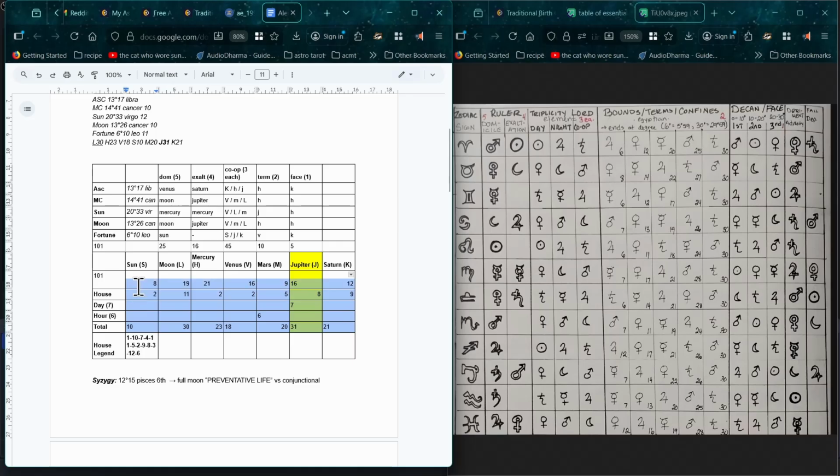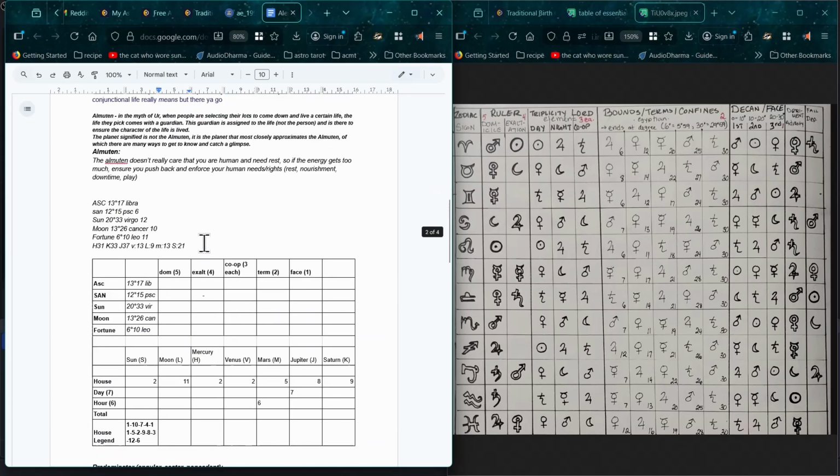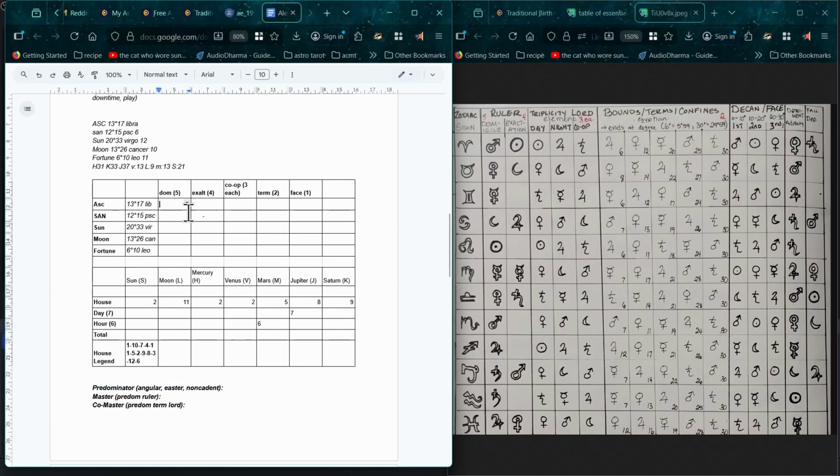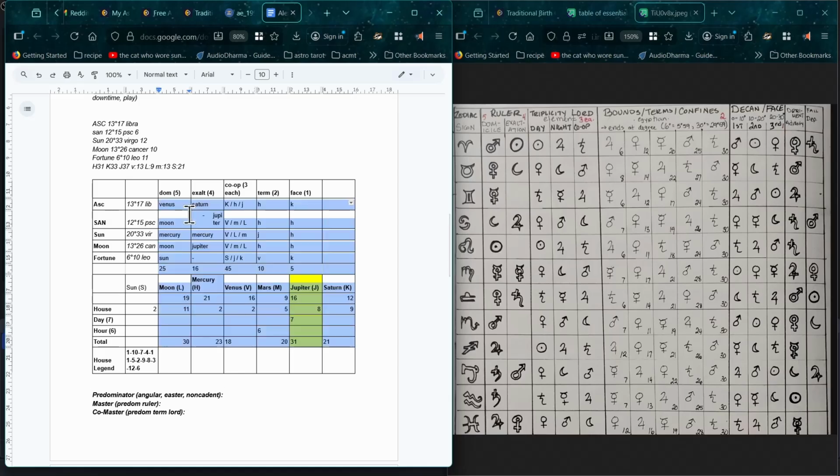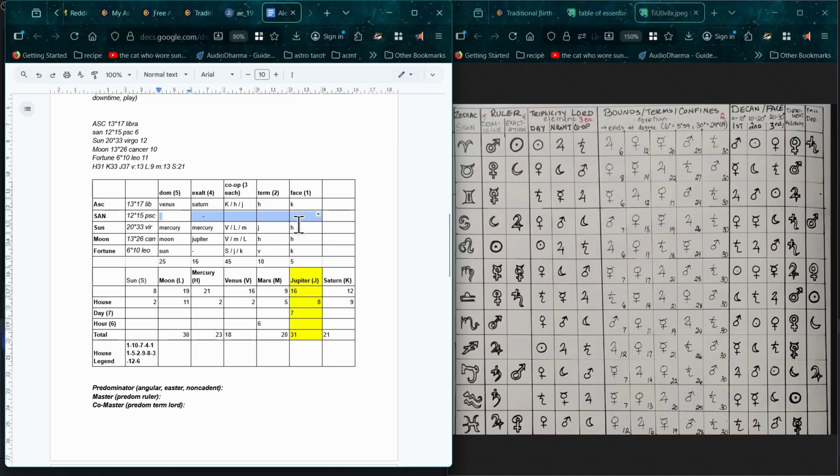Let's copy all of this. And the thing that is different is that instead of the MC, we're doing the syzygy, which is in Pisces.